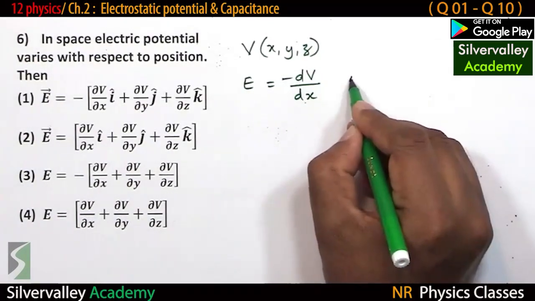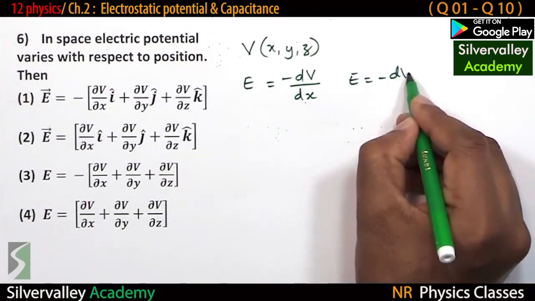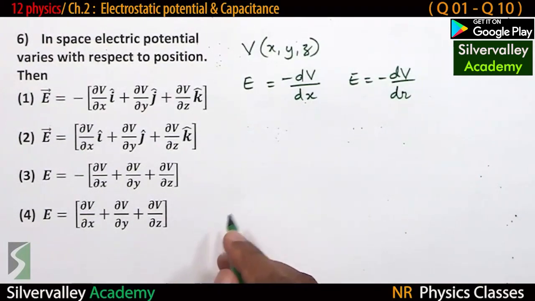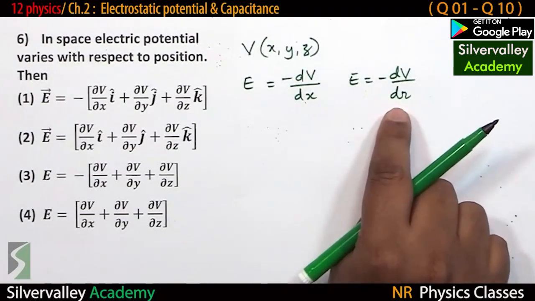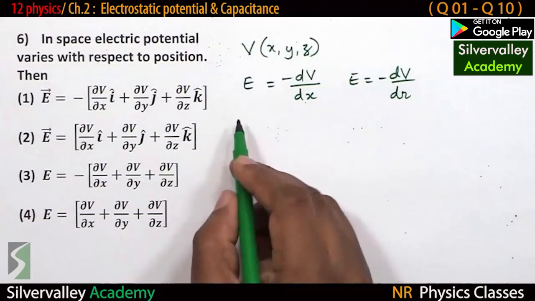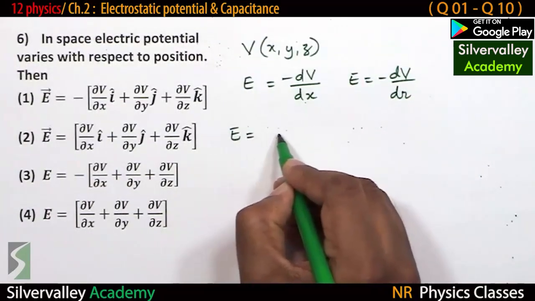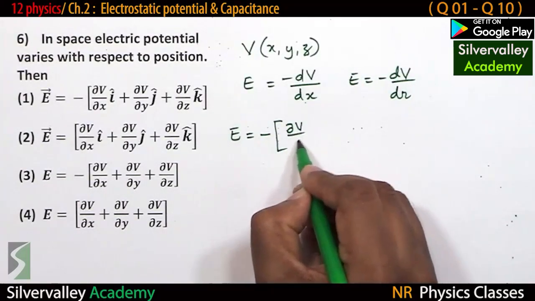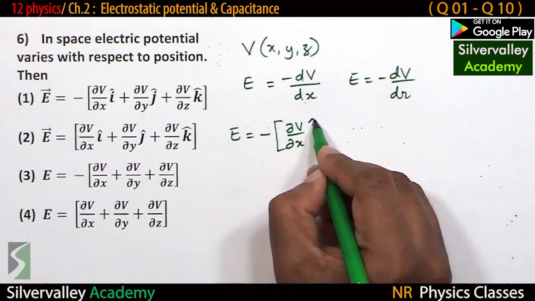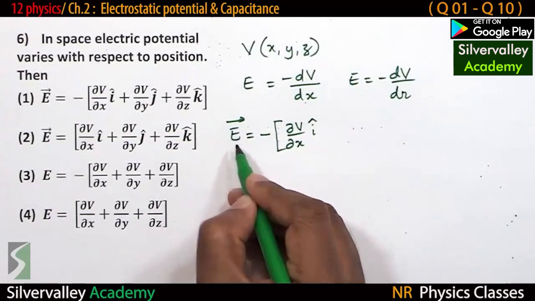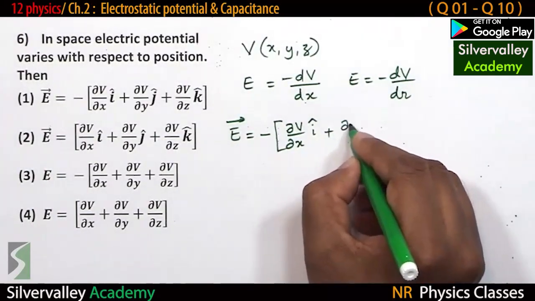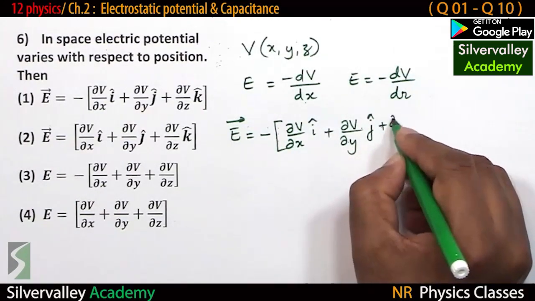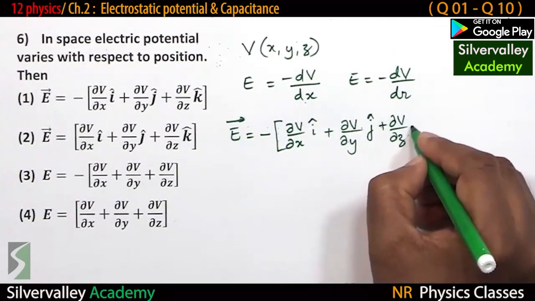In general, E equal to minus dV by dr. So when we are specific about the x-axis, y-axis, z-axis, then electric field is minus dou V by dou x into i cap, because electric field is a vector quantity, plus dou V by dou y j cap plus dou V by dou z k cap.